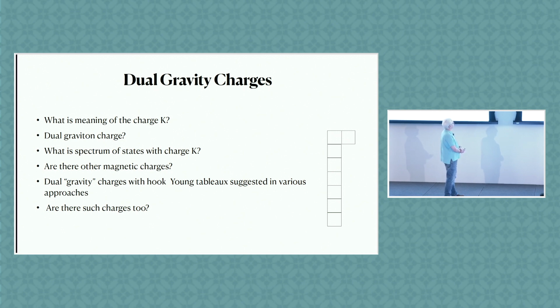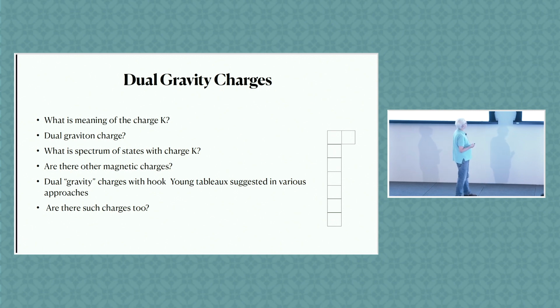And one of the questions we can ask, given the role of this, is what is the spectrum of states which carry this charge, and are there any other magnetic charges which are relevant? Because states carrying this charge can be BPS, it's an interesting question what the BPS spectrum of the theory is.